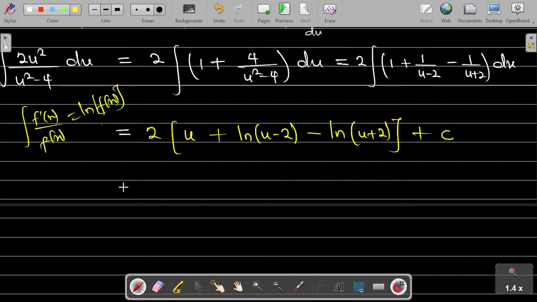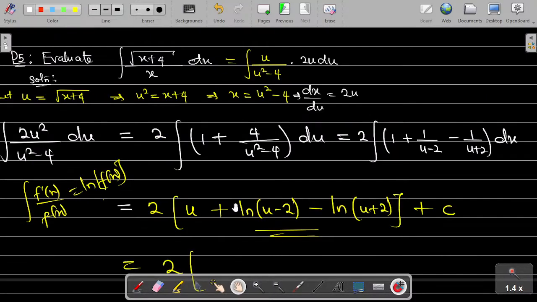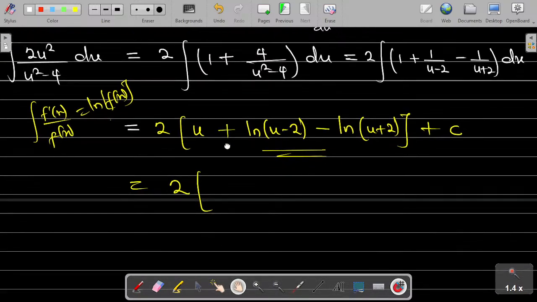So now remember, like I said earlier in the previous example, you can stop here, or you can as well decide to, okay, meanwhile we've not brought back our u. So let's do that. So you bring back our u. Recall that our u is square root of x plus 4.